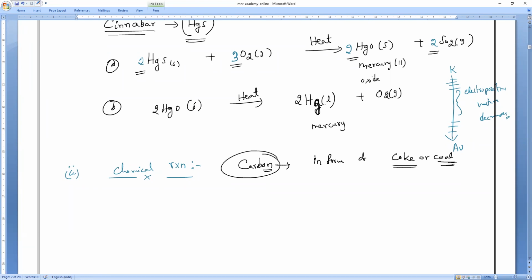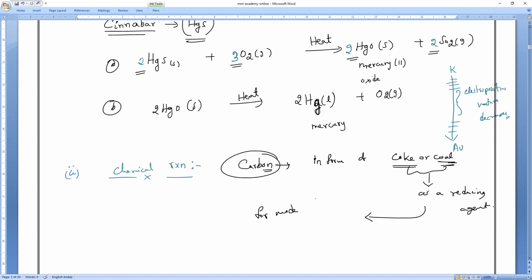Both are forms of carbon. So we will use carbon in the form of coke or coal as a reducing agent for moderately reactive metal oxides.